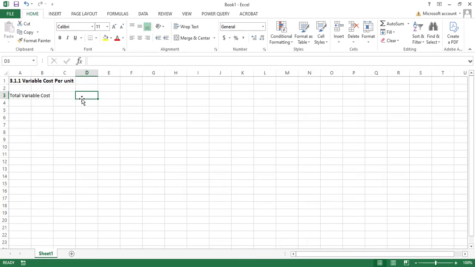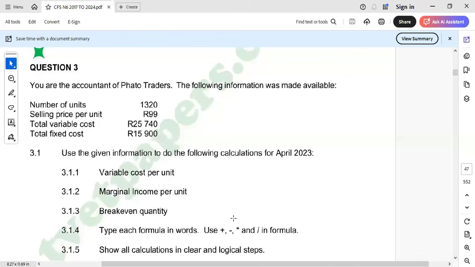Let me go there and look at the question paper. So our total variable cost, it was 25,740. Now, because they are looking for per unit, we are going to say total variable cost divided by the number of units, which is 1,320. Then we will get our variable cost per unit.